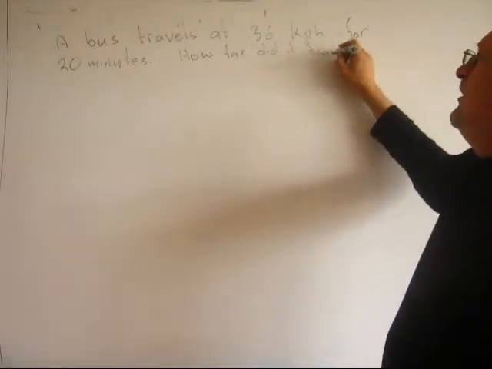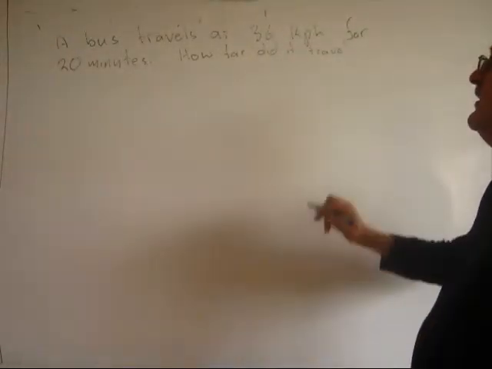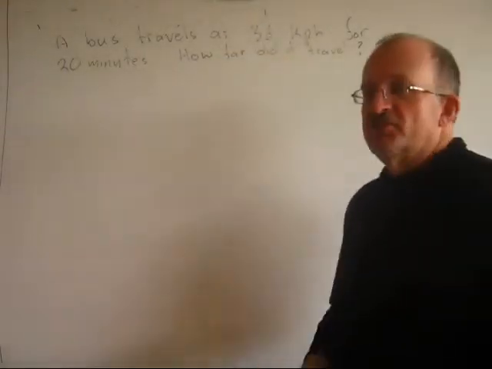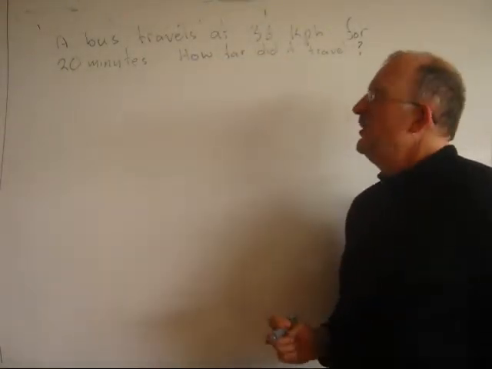How far did it travel in that time? Because we know the average velocity, 36 kilometres per hour, and we know the time.